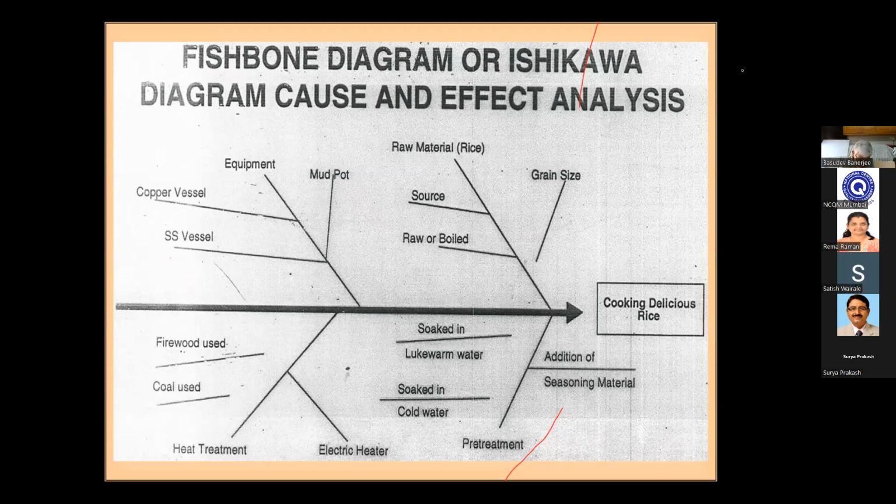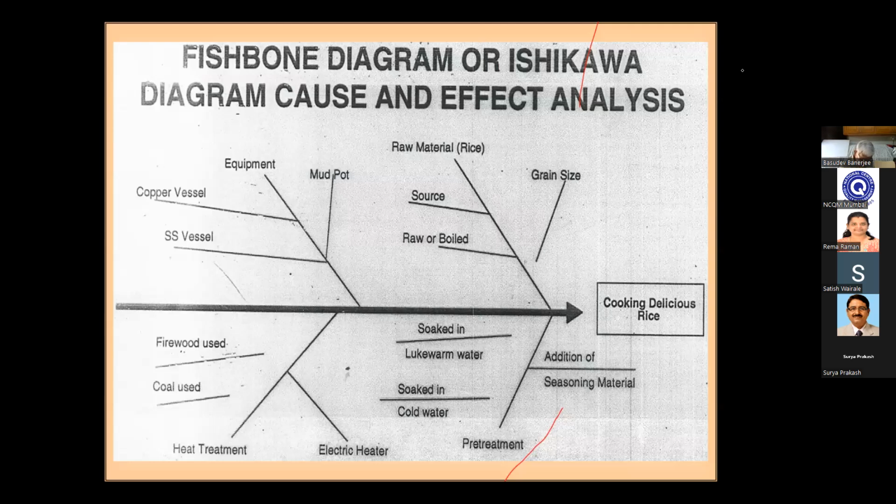Raw material 80%. How much? Raw material, how much? 80. Soak in cold water 20. No, first of all, tell me the rice raw material, how much did you say? 80. 80, okay, and then?